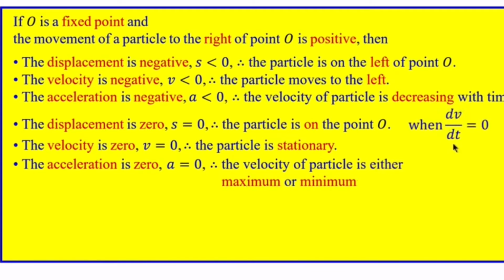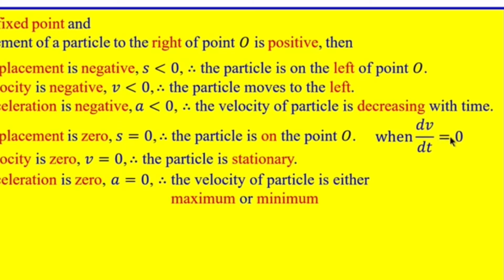So when dv/dt equal to 0, what dv/dt means is the change of velocity with respect to time, which is acceleration. So when acceleration is 0, the velocity is either maximum or minimum, because the acceleration is the change of the velocity with respect to time, right?